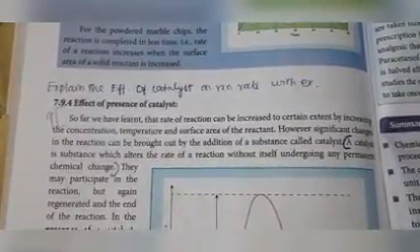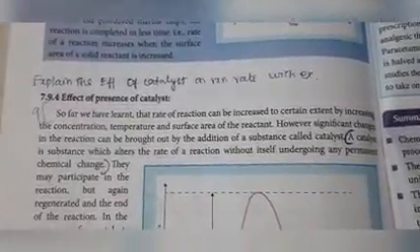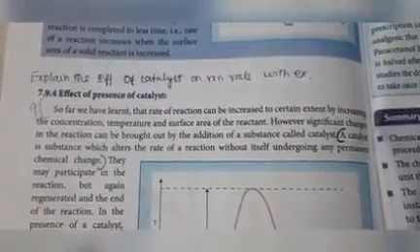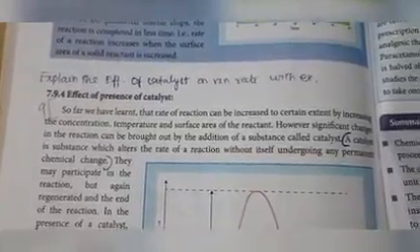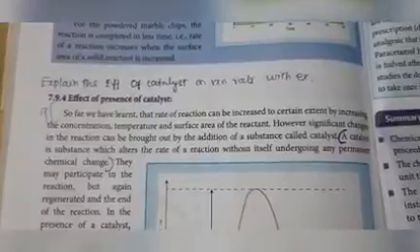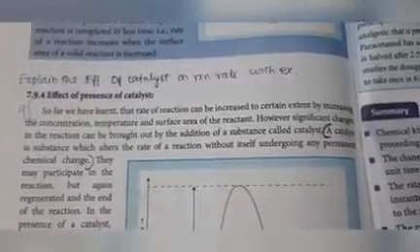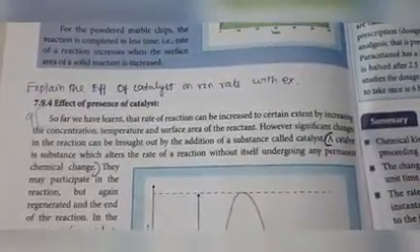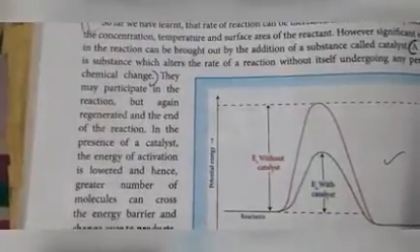Alter means change, that means it may increase or decrease the rate of the reaction, without itself undergoing any permanent chemical change. It can participate in the chemical reaction, but finally the final form of the catalyst is the same. They may participate in the reaction but are regenerated at the end of the reaction.